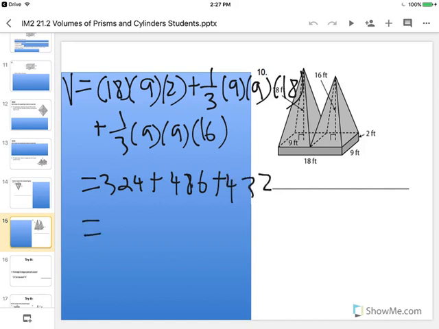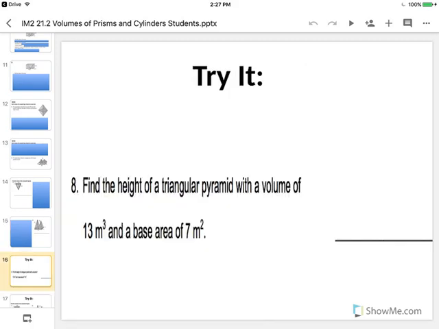Then we add all three of them together, and this is in cubic feet. Can we go try our number 8? Find the height of a triangular prism with a volume of 13 meters cubed and a base area of 7 meters squared.